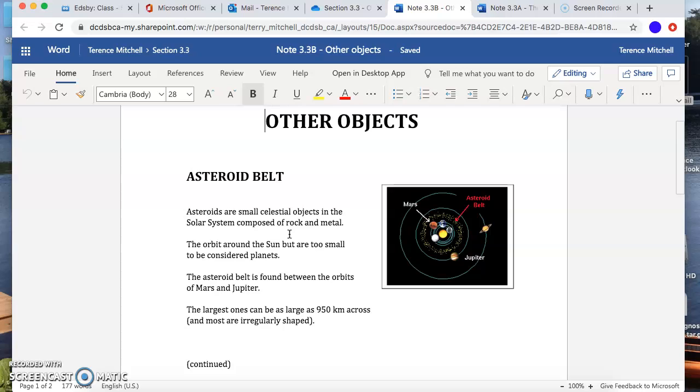Pluto, as I mentioned in the last note, is big enough. However, it's not the biggest thing in its orbit. The asteroid belt is found out past Mars. So between Mars and Jupiter, it's orbiting the sun as well.